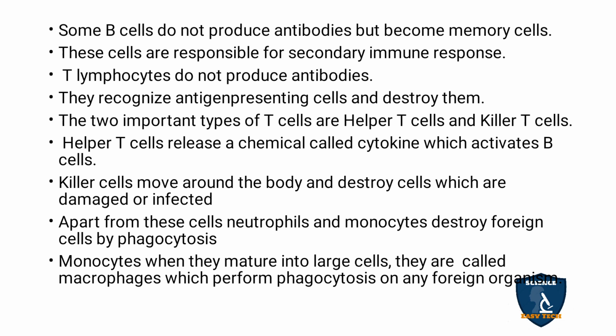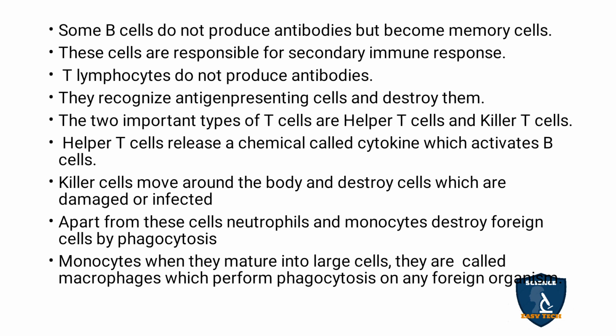Secondary immune response means that when a person gets a disease for the first time, antibodies are created and some of the B cells recognize and remember the antigen, so that if the same antigen attacks next time, these memory cells act.